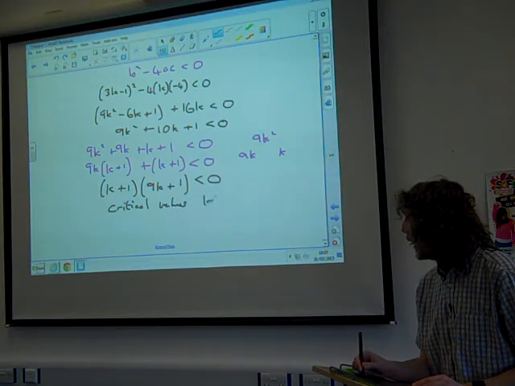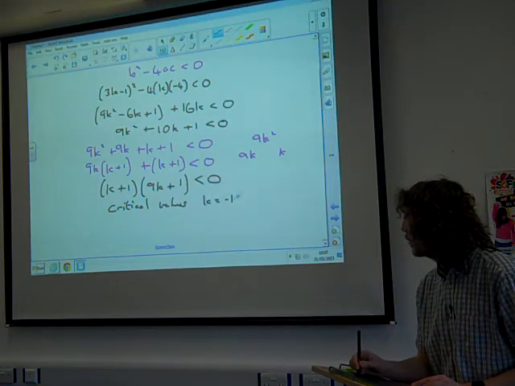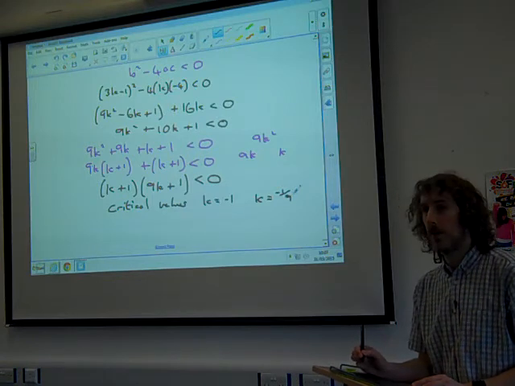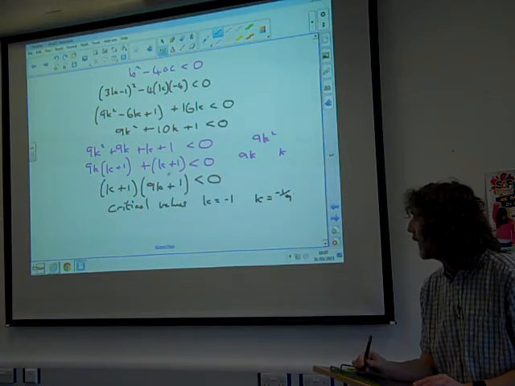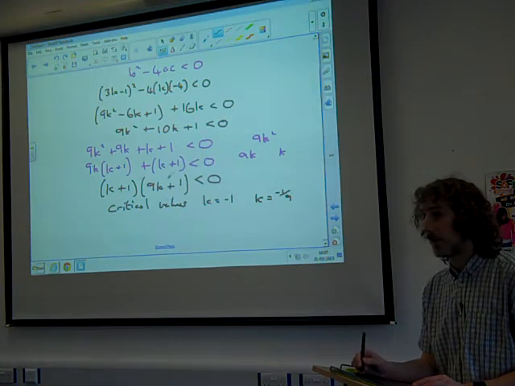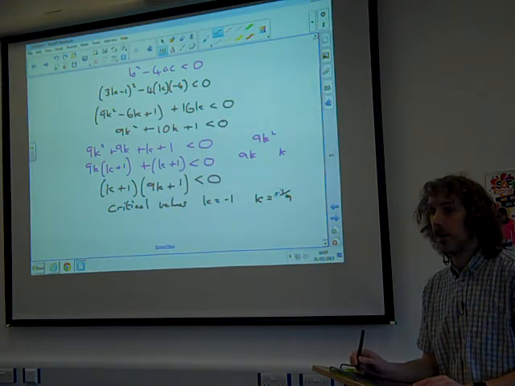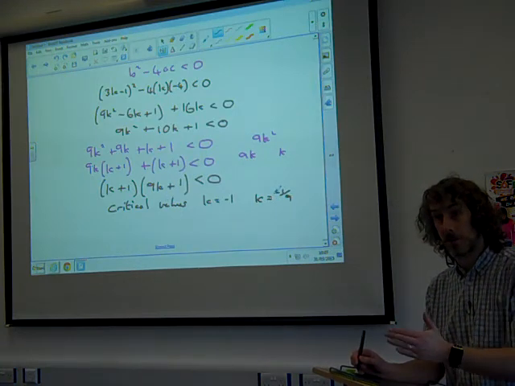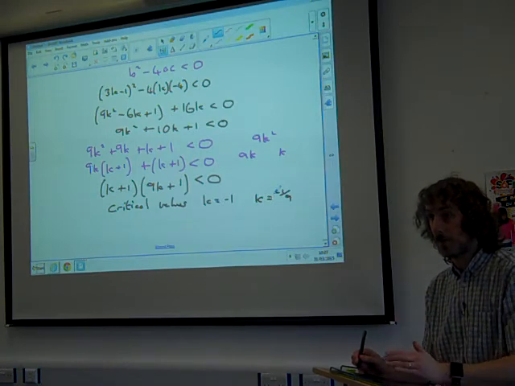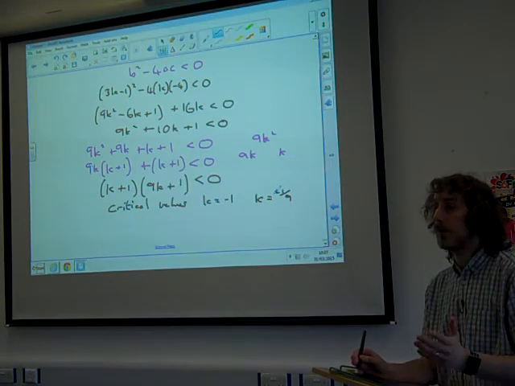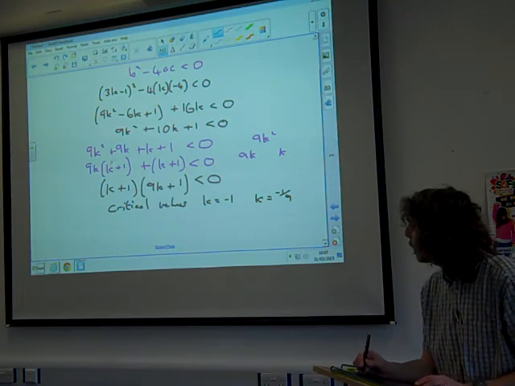They are k as being minus 1 and k as being minus 1/9. They're the 2 values that make the bracket 0. Now those values would give us b squared minus 4ac equals 0, so they would give us real repeated roots. But we want to know when it's less than 0.